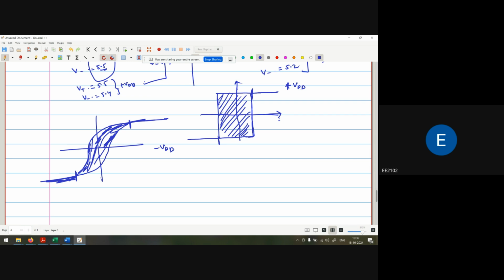I think that is enough for the schematic. Sir, Professor, this hysteresis window, how is it controlled or how is it made in the first place?